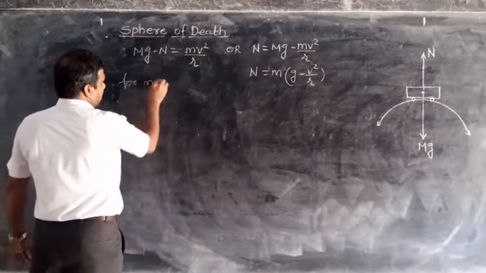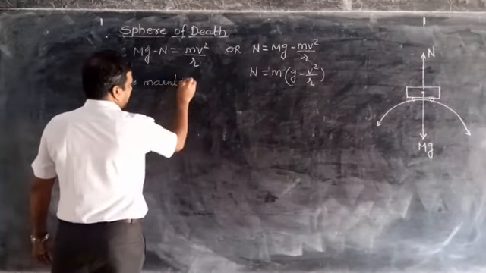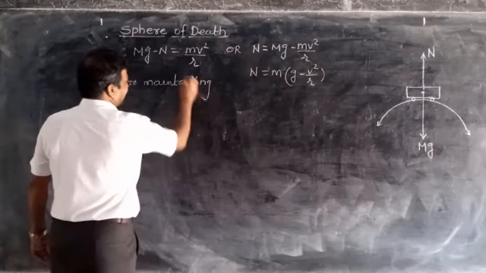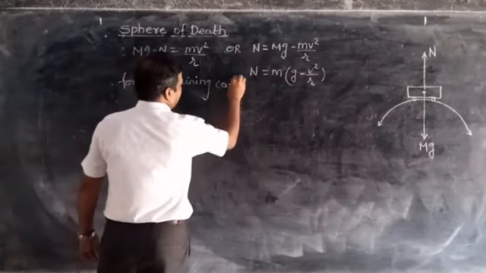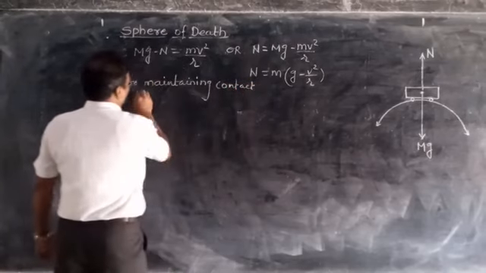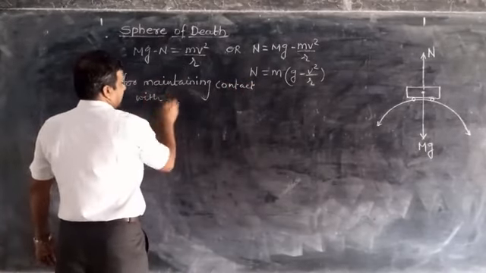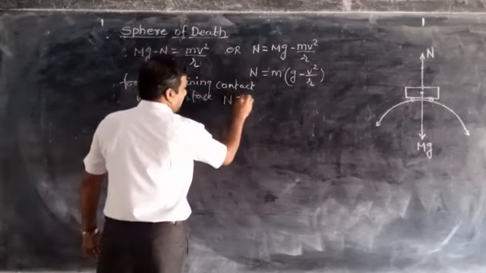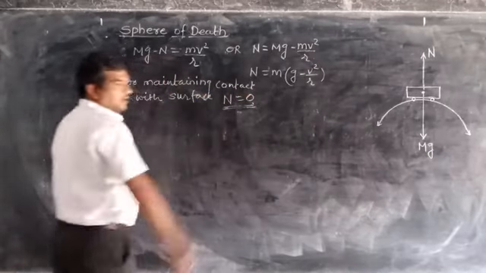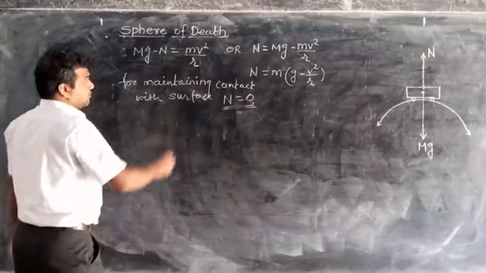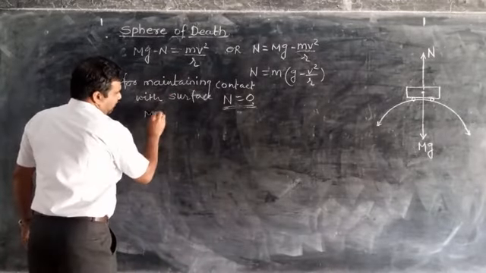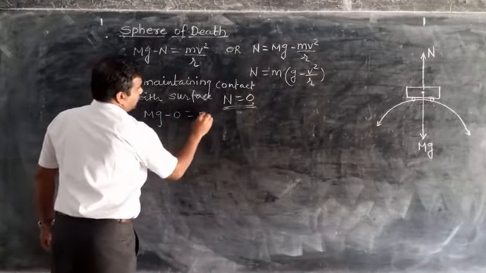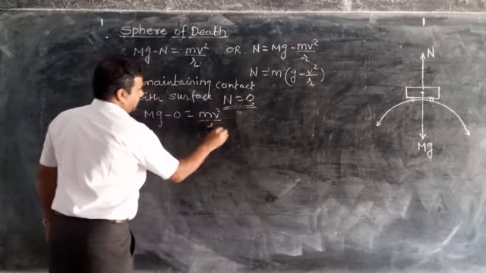Thus, for maintaining the contact of the vehicle with the convex bridge, the normal reaction becomes zero. For maintaining contact with the surface, N becomes 0, and therefore putting this value, mg minus 0 is equal to mv square by r.